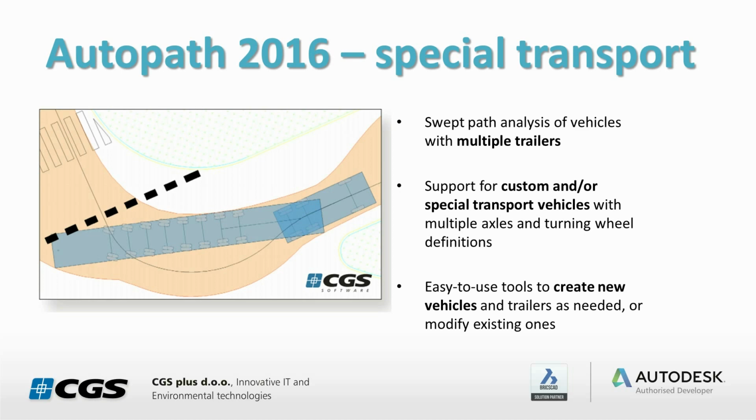And with Autopath we can define such vehicles. We can define vehicles with multiple trailers, with several axes. We can define different axis parameters, and all this process will be shown in the following video.